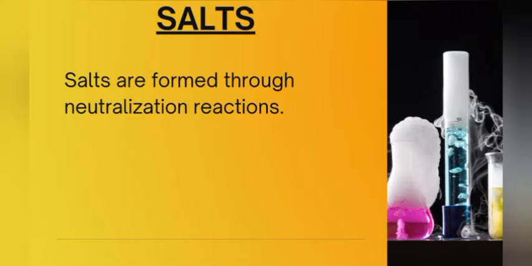When you have a reaction of an acid, that's a substance that produces hydrogen ion as the only positive ion, and a base, which is a substance that produces hydroxide ion as the only negative ion, when you have these two substances coming together, the product formed is referred to as a salt.